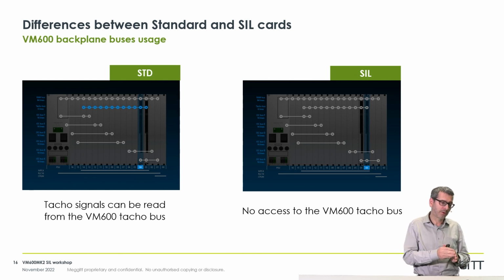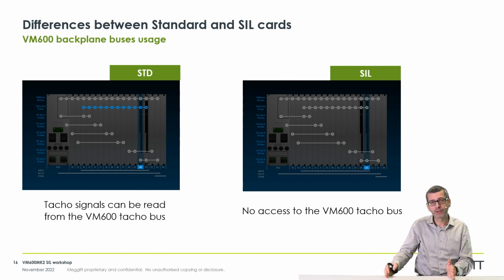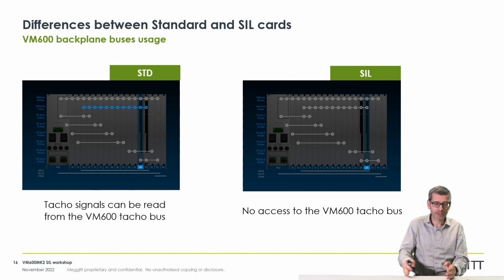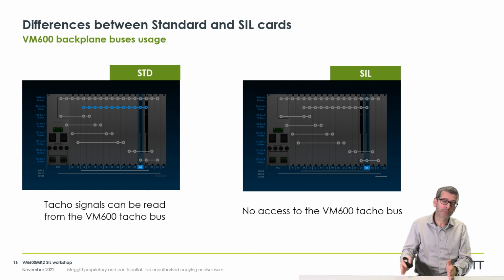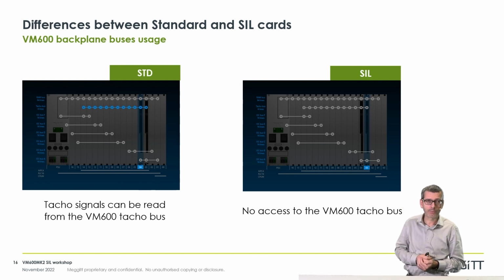Then if we talk about the OC bus, this is the bus which is used to drive relays on RLC16. The SIL card can only use the OC bus for that. The standard card can use the RAW bus for communicating with remote relays, but in case of the SIL card, that is not allowed, to avoid a potential conflict between cards in the rack.